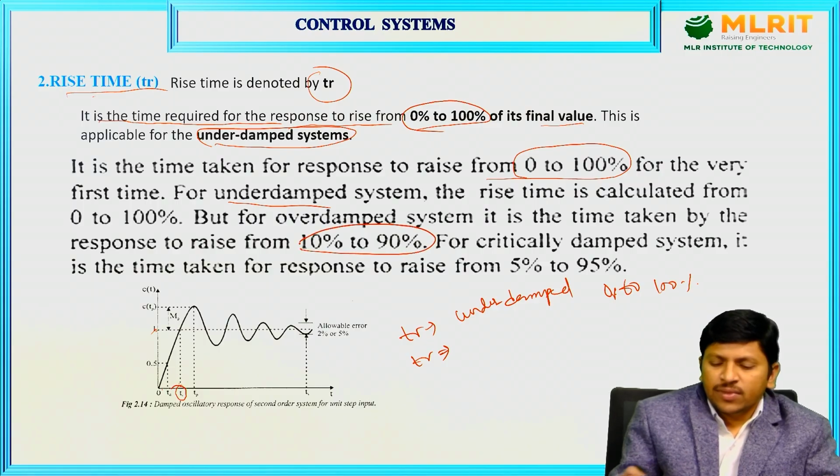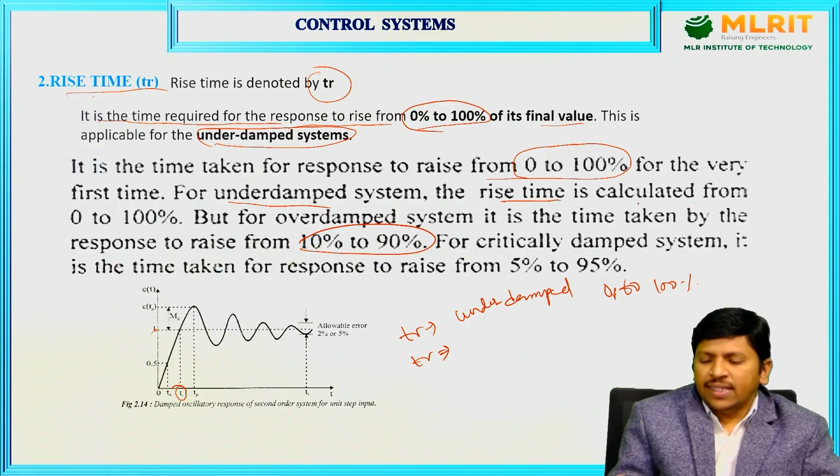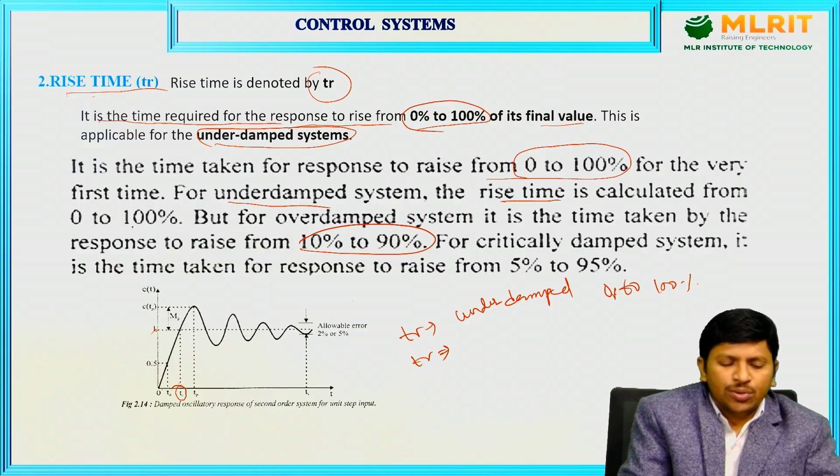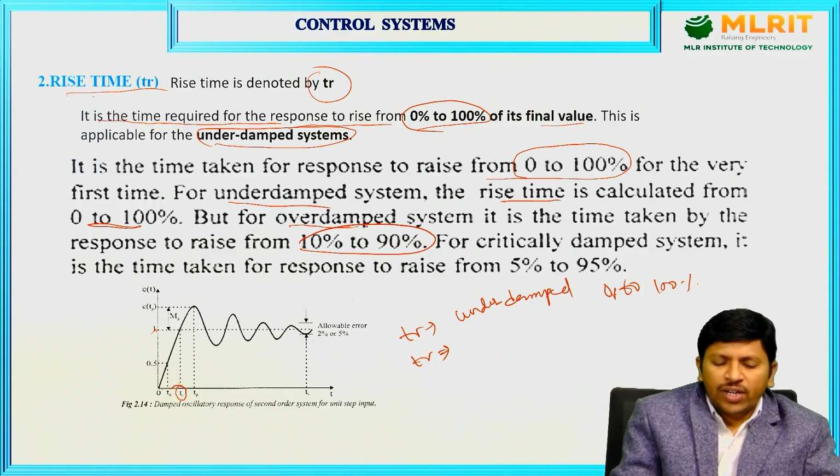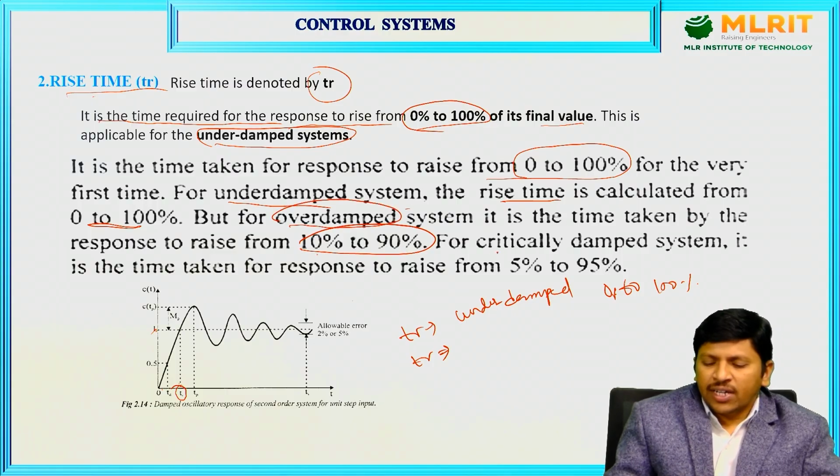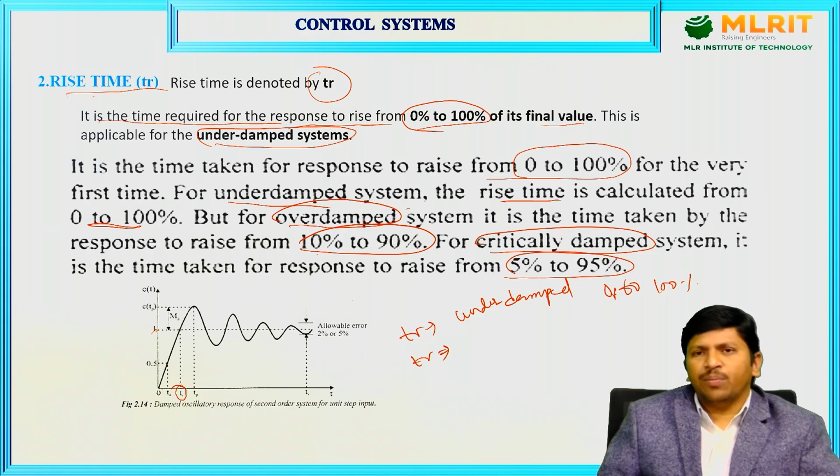Here observe, the rise time is calculated from 0 to 100% for the underdamped, 10% to 90% for the overdamped system, and for the critically damped system it is 5% to 95%.